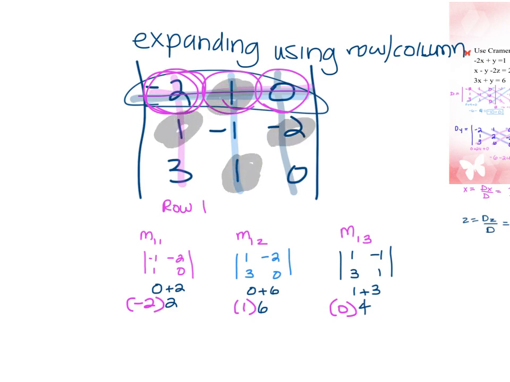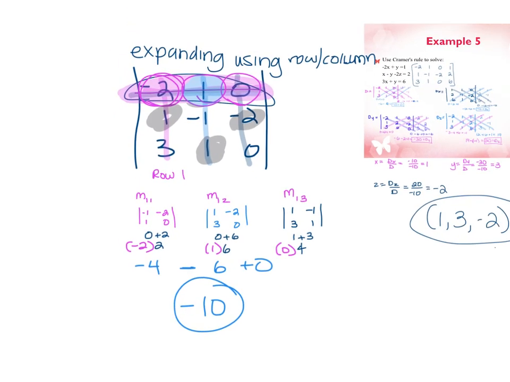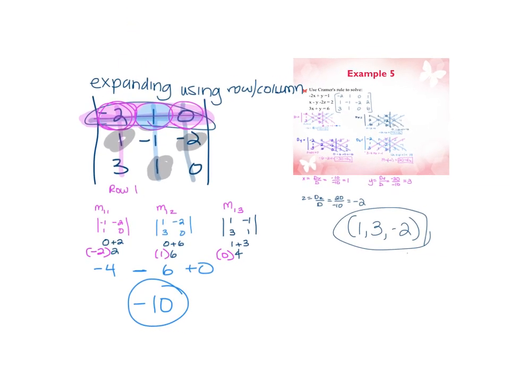These are the 4 places I would change the sign. Does that make sense? So I'm only using row 1, which means I am only going to change the sign on the second number. So I'm going to keep this as negative 4. This would have been a positive 6. I'm going to make that a negative 6. And this is a 0. Add them together and you get the determinant of that matrix.